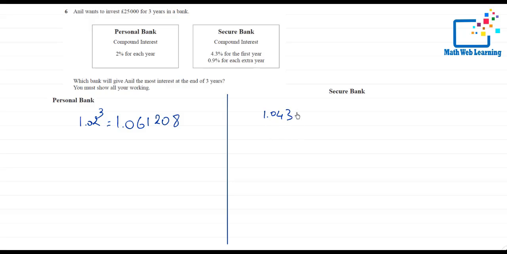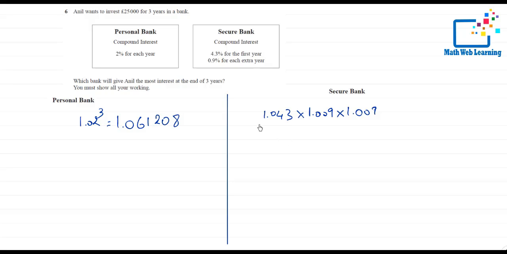And the second year you've got 1.009 as a multiplier, because you get 0.9% extra for each year after the first year. And then the third year is the same, 1.009. I could have done squared, but let's do that calculation. And then we'll compare the two results.